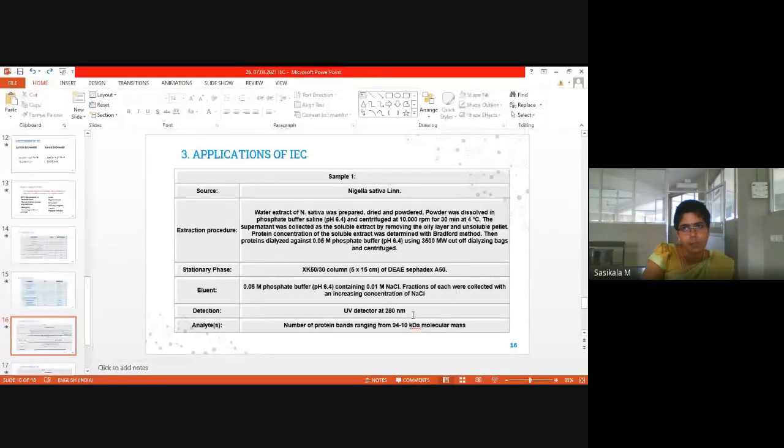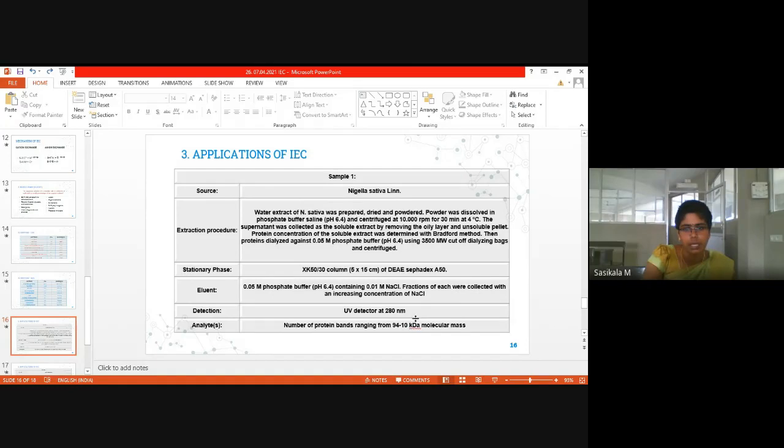Examples of bulk property detector are conductivity detector and refractive index detector, RI detector. For solute property detectors, UV visible detector. Solute property is based on physical and chemical properties of the drug, whereas bulk property depends only on physical property of the drug.